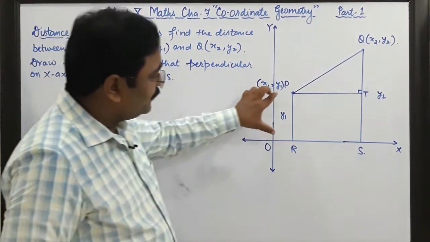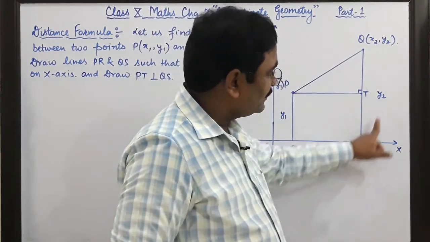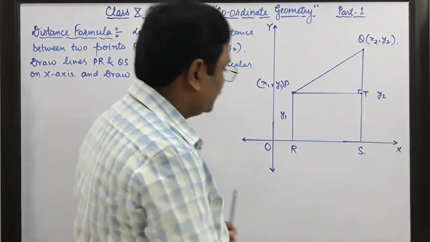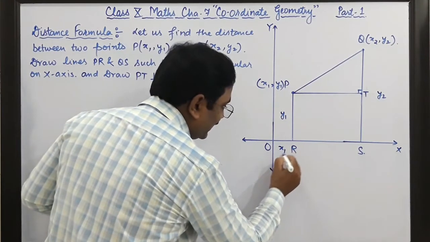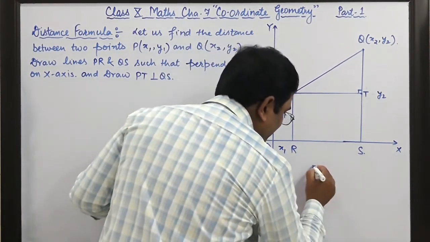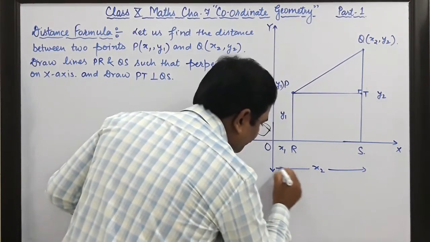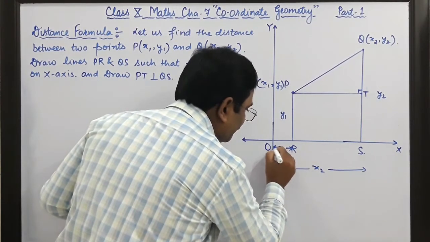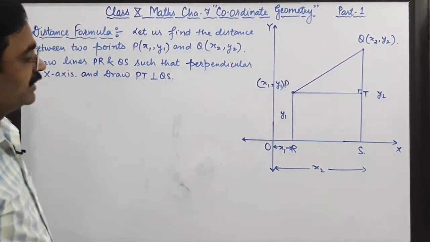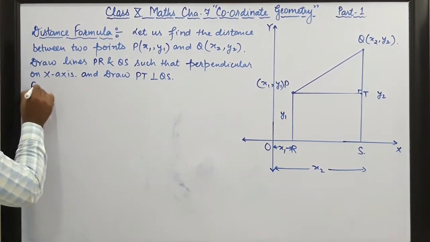As the measure of PR is y1, measure of QS is y2, similarly the measure of OR is x1 and the measure of OS is x2. This is the measure of OS and this is the measure of OR, right?